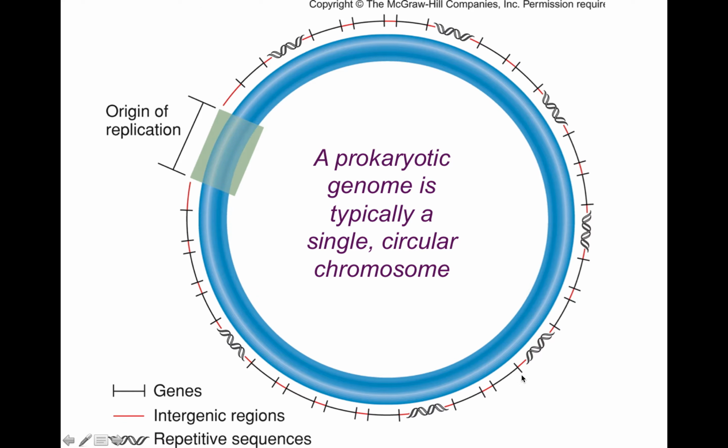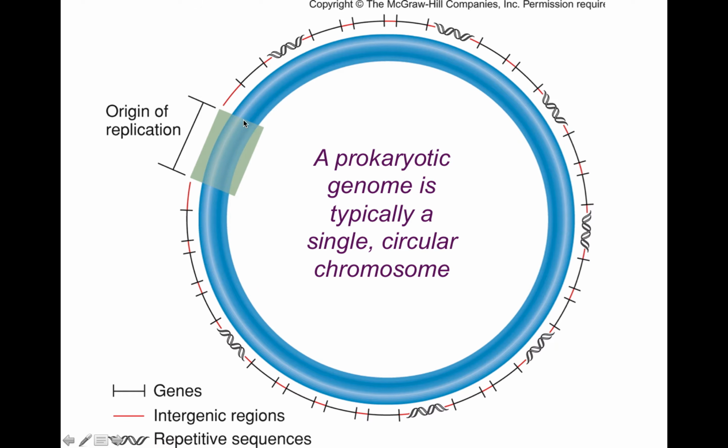And these are probably relics of past viral infections. Now, we also have some intergenic regions, DNA of which we don't know the function of the sequence. It may have a function, but we don't know what it is just yet.